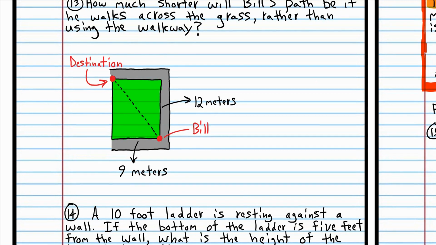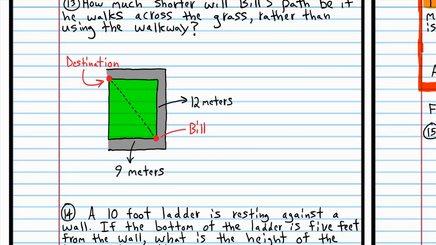Now notice that we're making a right triangle. This is a right triangle because we're assuming that this is a square or some sort of a rectangle. Actually it's not a square, it's a rectangle, because we know that this side here is 12 and this side is 9. So it's a rectangle. So we're assuming that these are right angles.